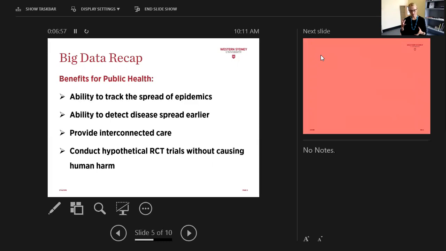And another fun aspect, I suppose, if you could look at it as being fun, or I think for many public health practitioners it is fun, because big data allows us to conduct RCTs without actually causing human harm.